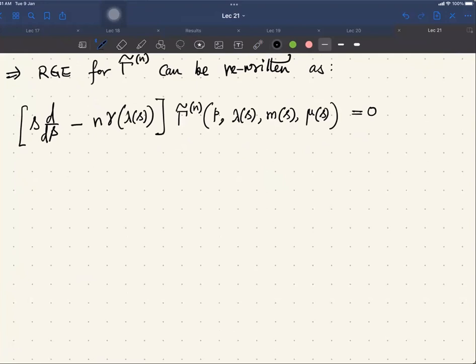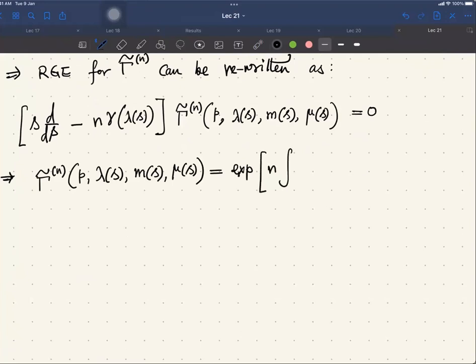And this equation can be integrated to write gamma tilde n of p, lambda s, ms, mu s to be equal to exponential n times ds prime over s prime, 1 to s, gamma of lambda s prime, times gamma tilde n of p, lambda, m, mu.